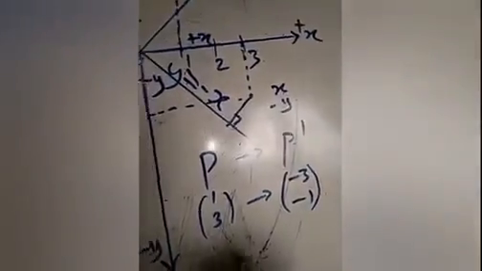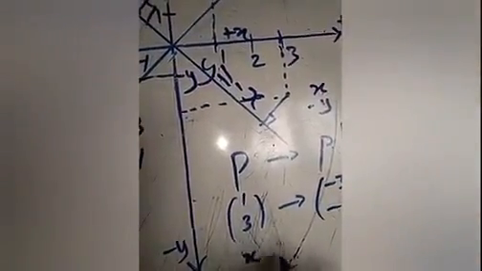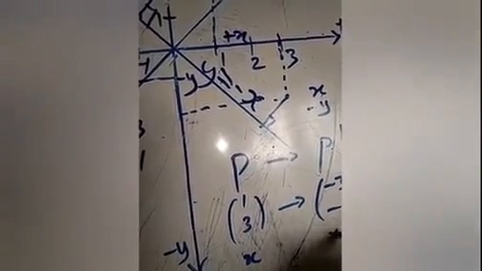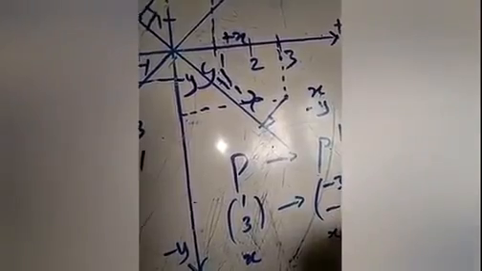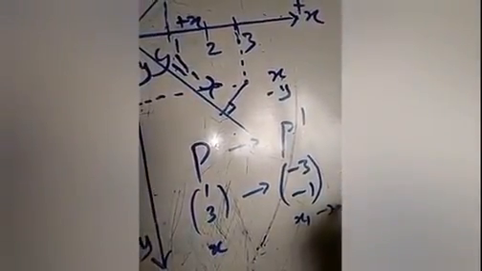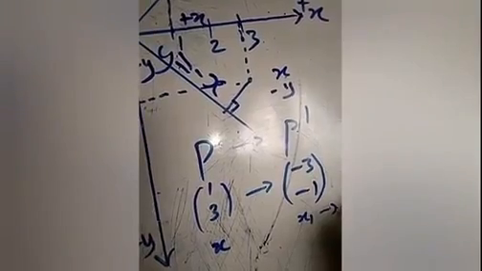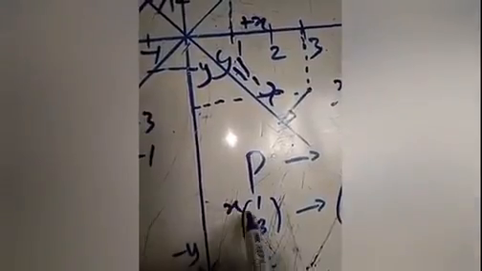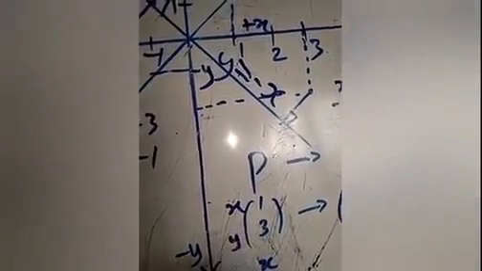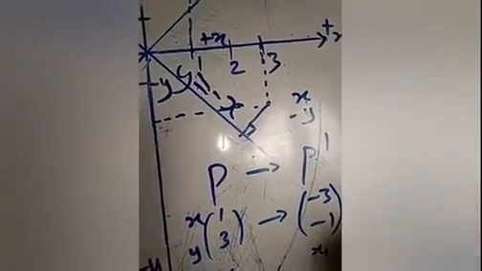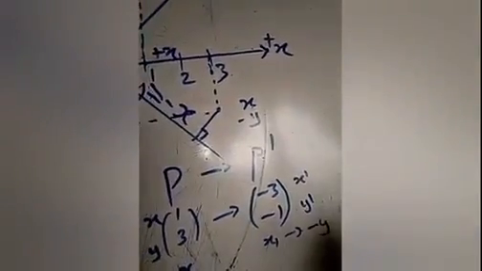So something has happened. Where I have x here, supposed to be x prime, my x prime is equivalent to the negative value of my y. Remember, this is my x, this is my y for the object; this is my x prime, this is my y prime for the image.